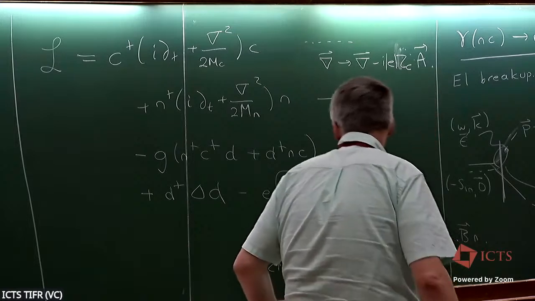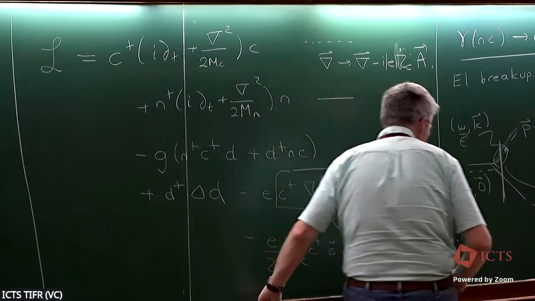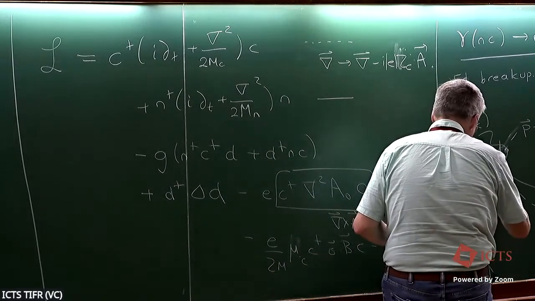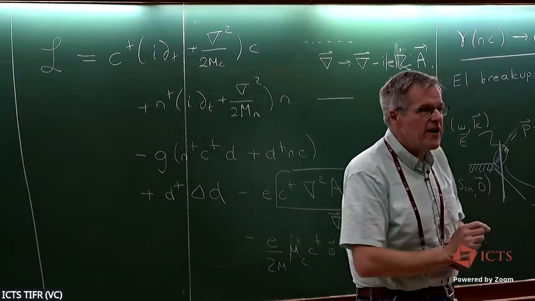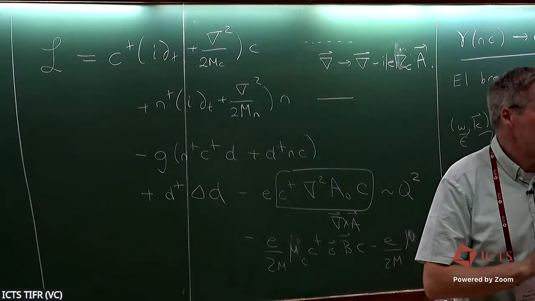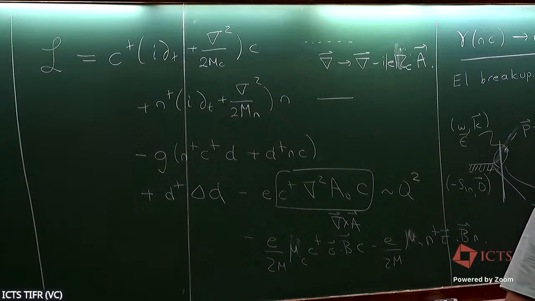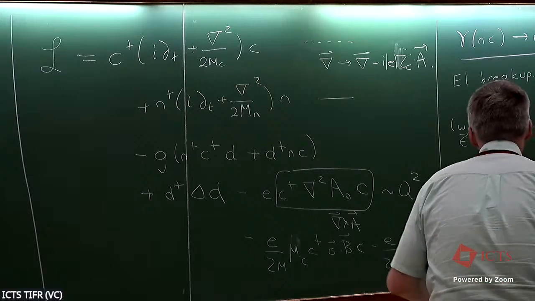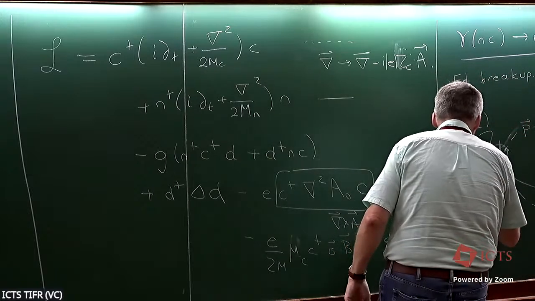So that's an interesting point, right? This object is fully dressed. I'm only calculating at tree level, but I have all the non-perturbative interactions of the deuteron as it comes in. I think David drew it this way, with the interpolating field here.